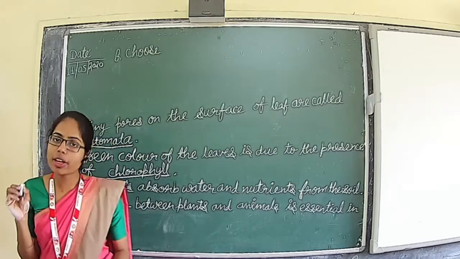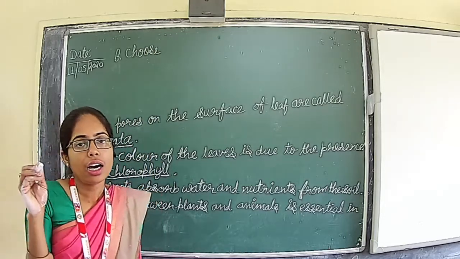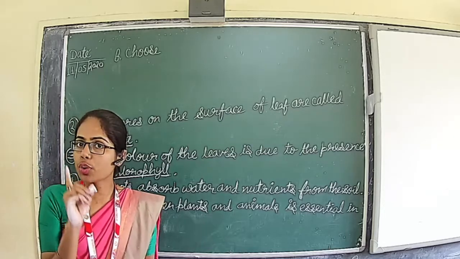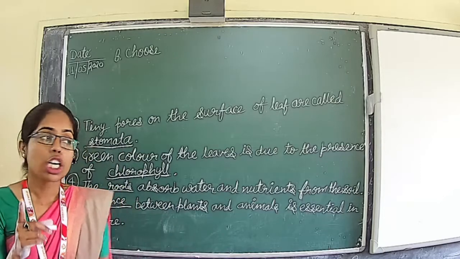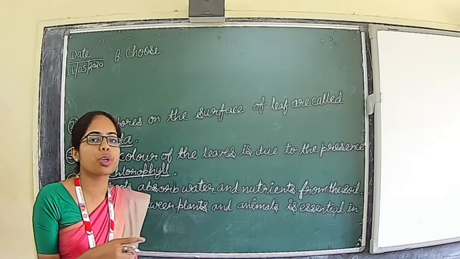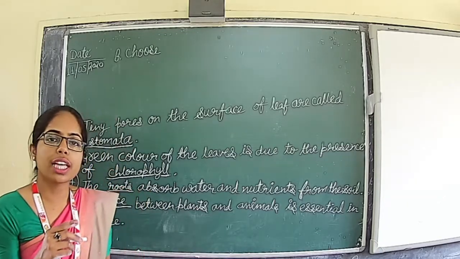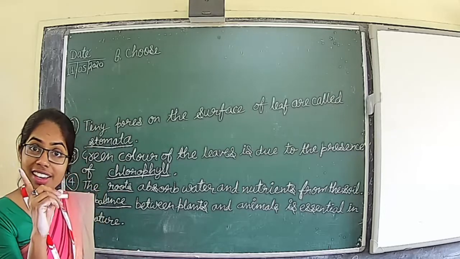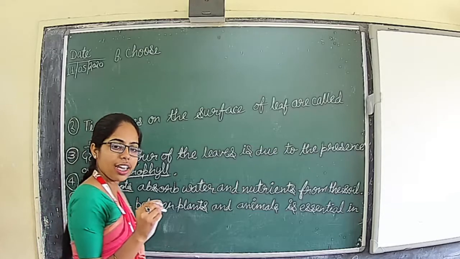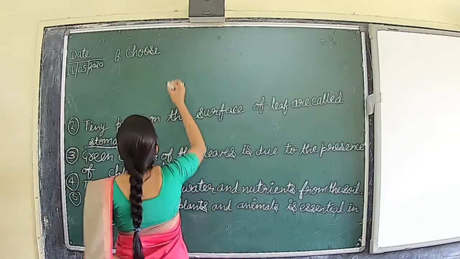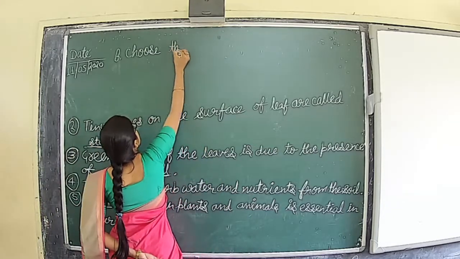If you have the book, pick it in the box given in the book. And if you don't have the book, you have to write it in the copy. And when you get your book, then you have to do it in the book using pencil. Never use pen in the book.